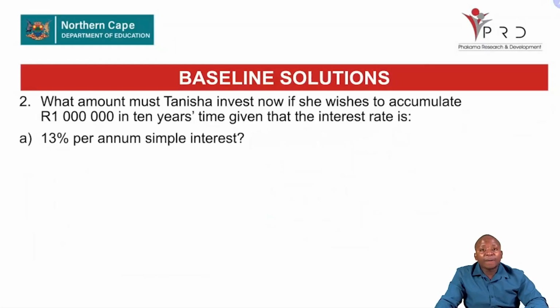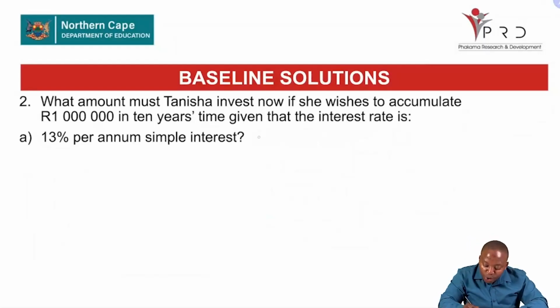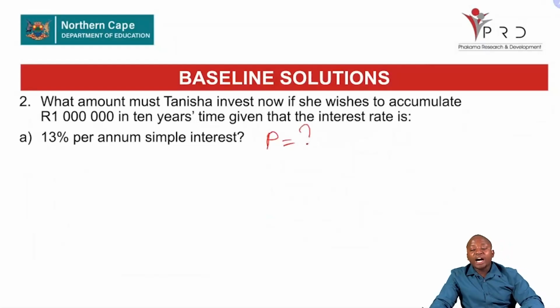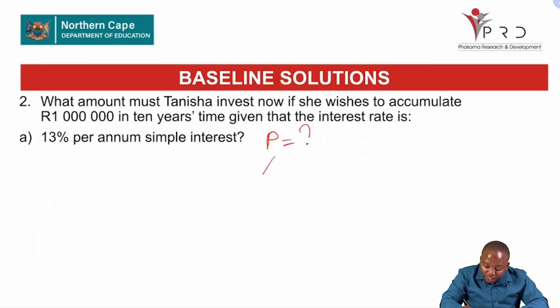So we are saying, how much does Tanisha have to invest right now so that in future she has a certain amount? So we want to find out the present value that Tanisha must invest now. Remember, Tanisha wants to get a future amount of 1 million.